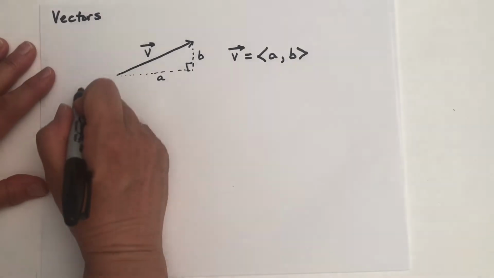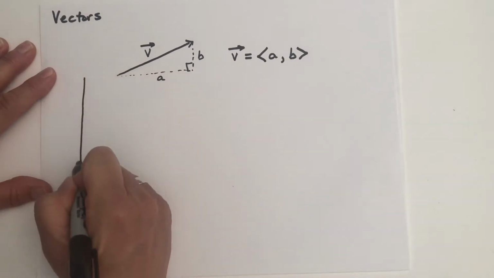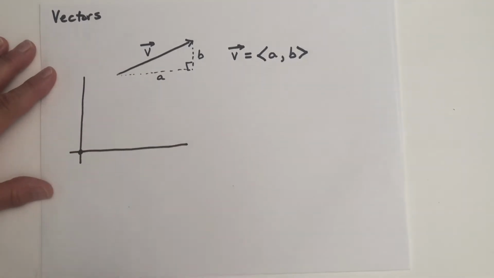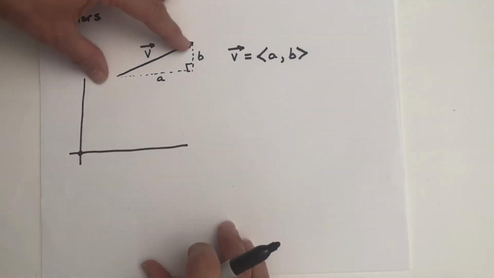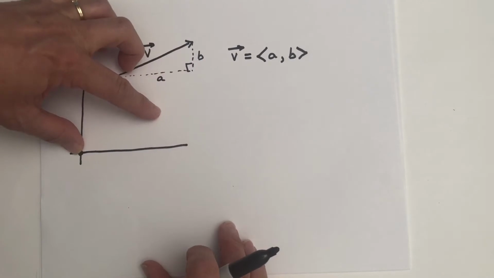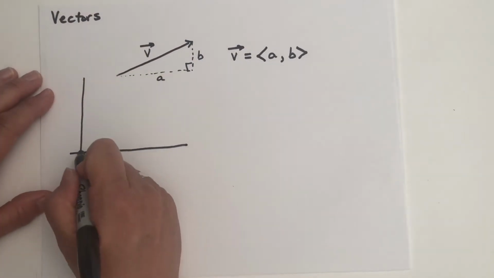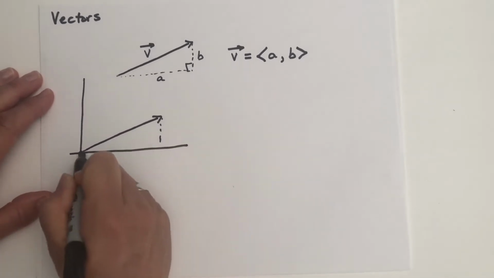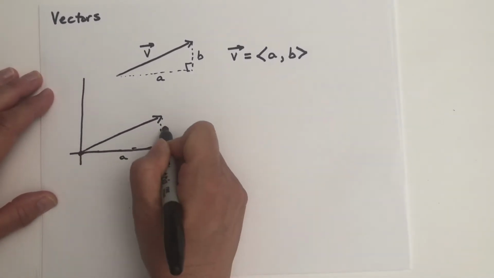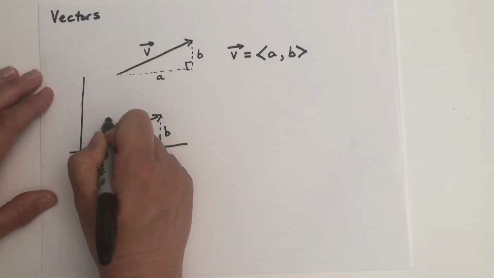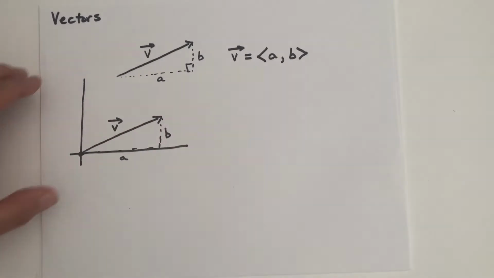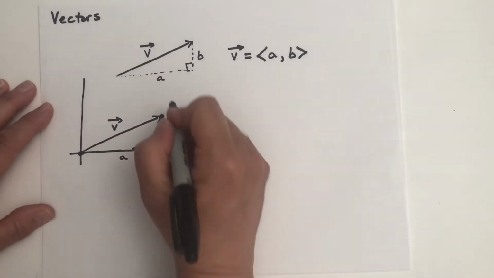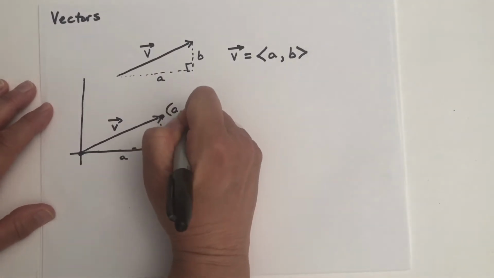If we choose to move the vector such that its initial point is at the origin, so I can draw this vector, remember, keeping the direction the same and the magnitude the same, so that it is here, then this would be A and this is B. It is still our vector V, still with components A, B, but notice this terminal point would be at the point (A, B).